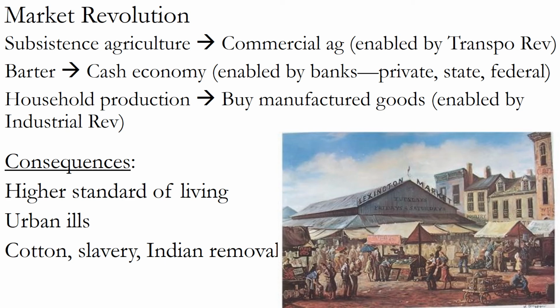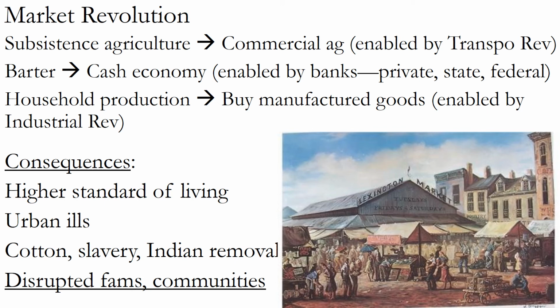But Americans in the Northeast are troubled by breaking treaties. They're troubled by the South's increasing addiction to slavery. But more than anything else, what really alienates a lot of Americans at this time is the disruption to families and communities. Americans are becoming a highly mobile people.